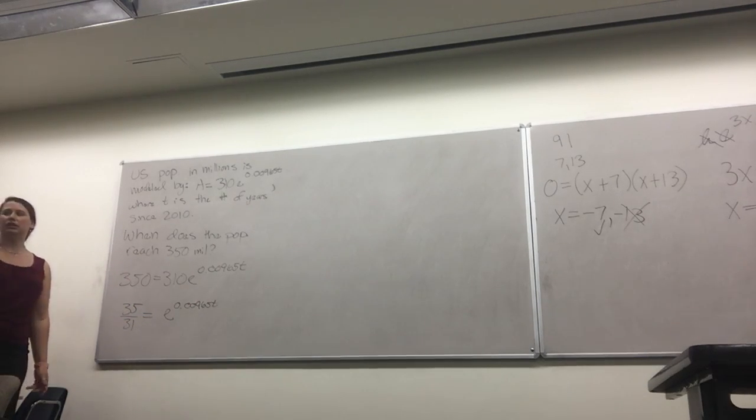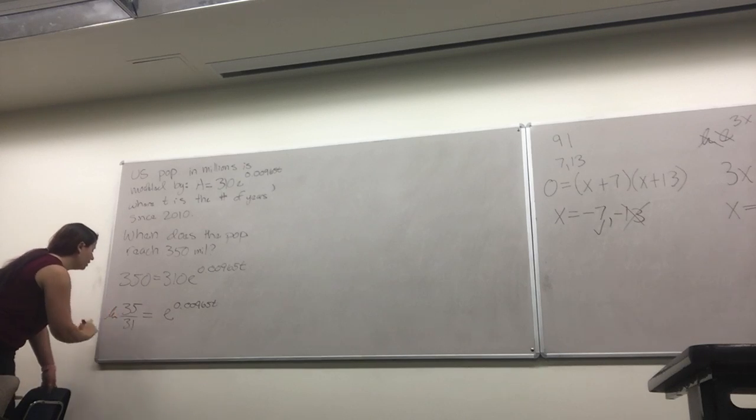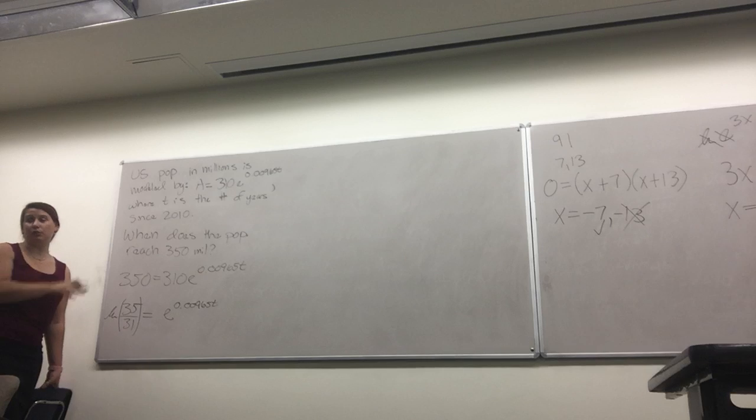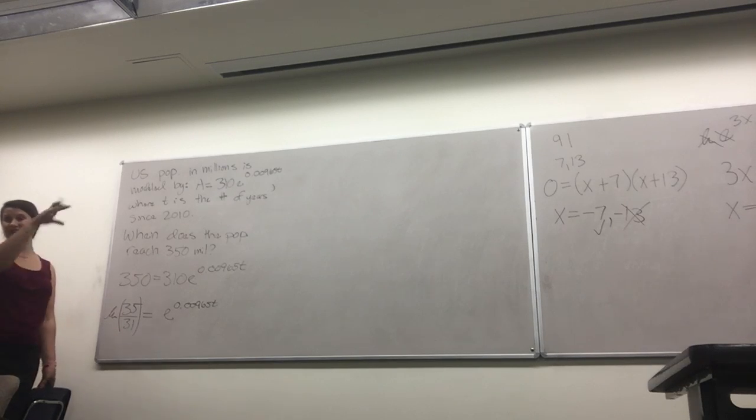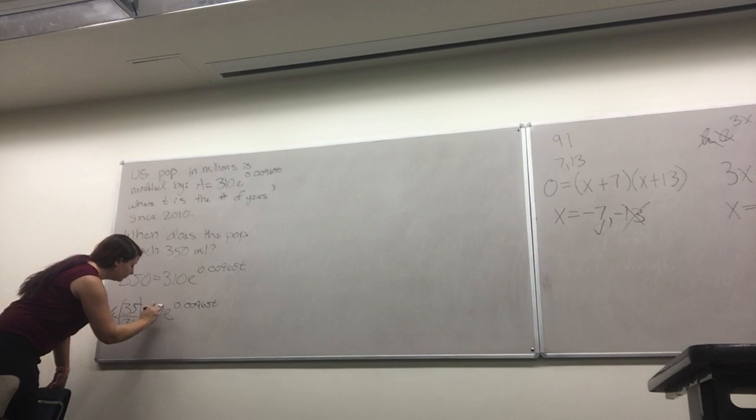So now that we have the e on its own, what can we do to it? Take the ln of both sides. So, natural log here, make sure that the ln is of that fraction, not just one piece. It's everybody.